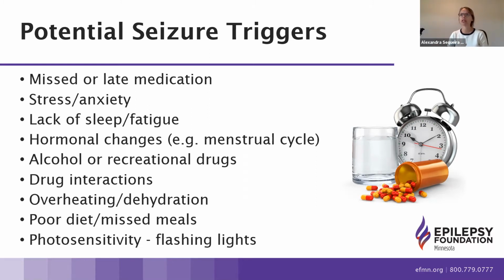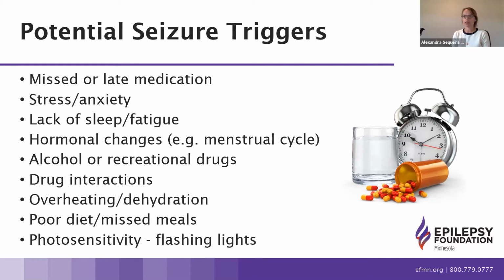Hormonal changes, something we refer to as catamenial epilepsy, when seizures tend to cluster around a female's menstrual cycle.